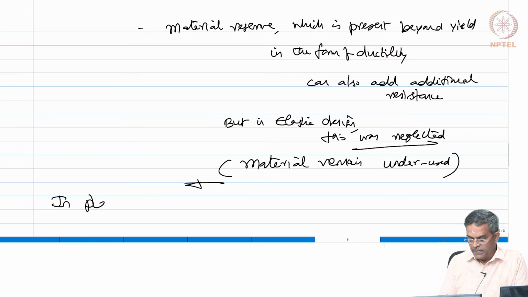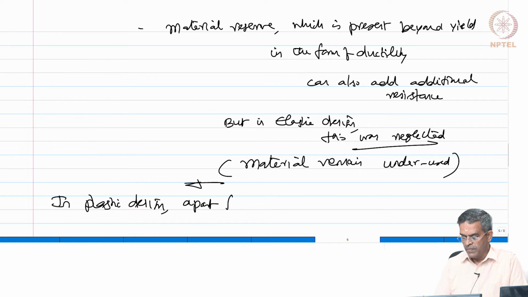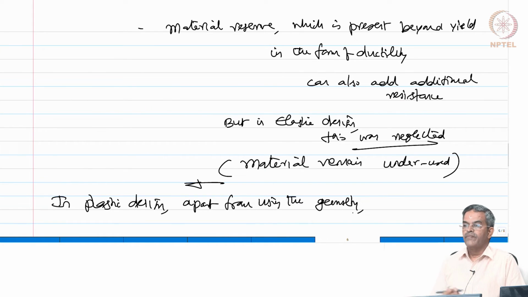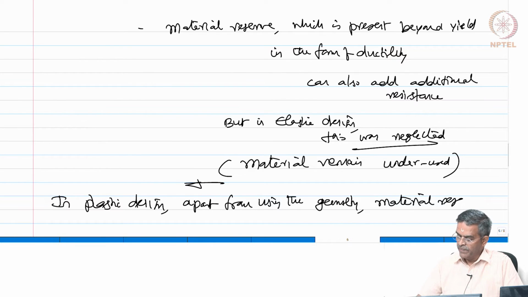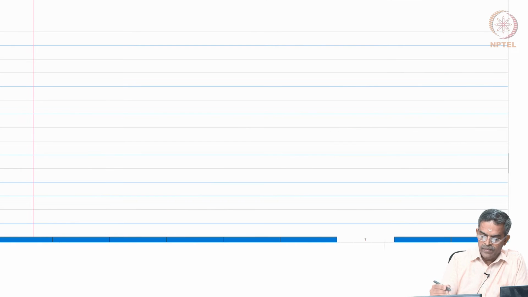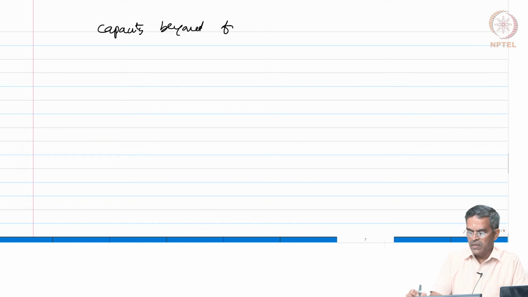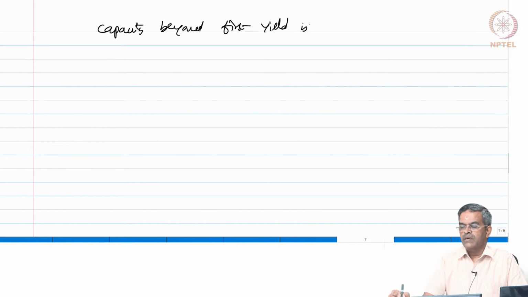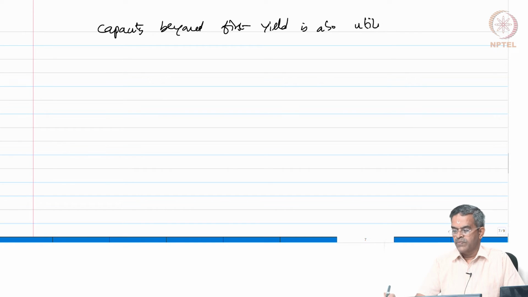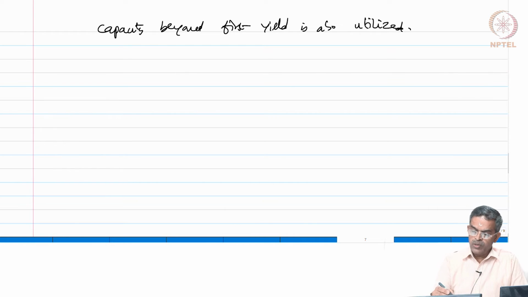So, in plastic design, apart from using the geometry, the material reserve capacity beyond first yield is also utilized. Okay. And let me also put a mark here.